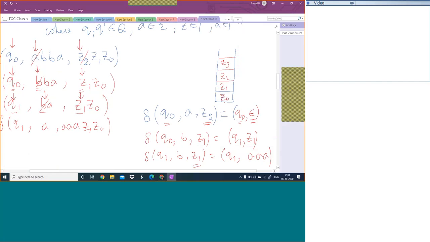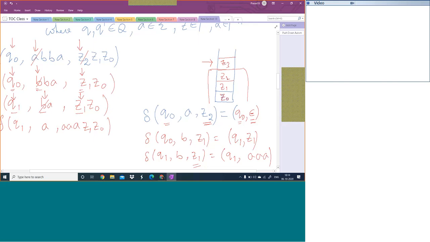So in every transaction, the machine takes only the topmost symbol. When Z3 is the top symbol, it can take only Z3. It cannot take any of the symbols below from the stack. I repeat, when Z3 is the top symbol, the PDA can take only Z3. It cannot take any of the symbols below the Z3.